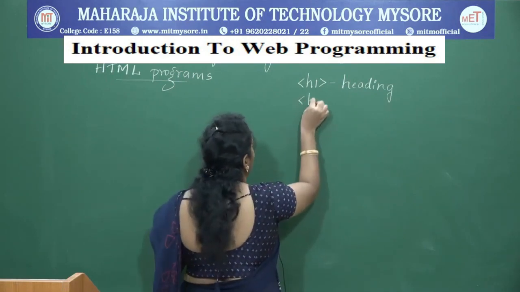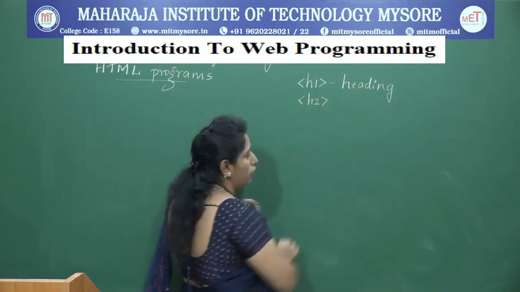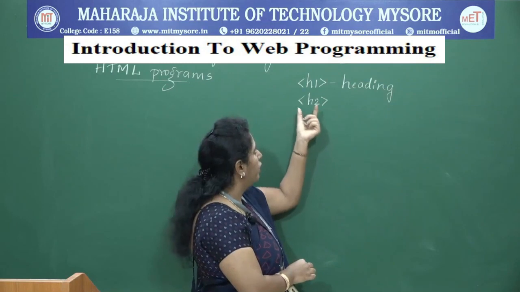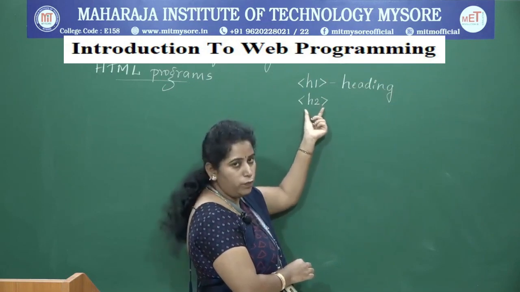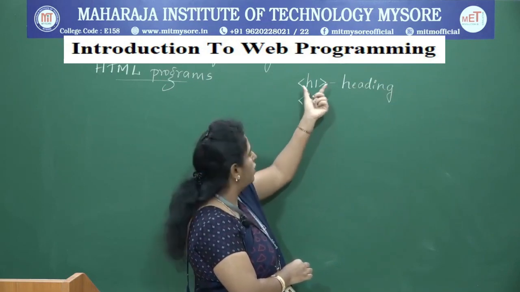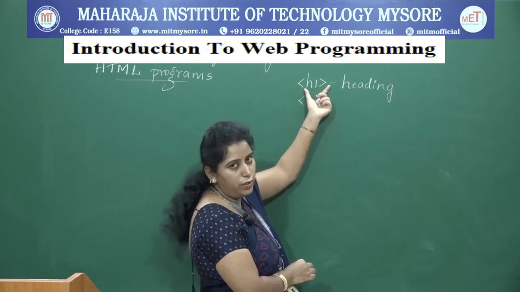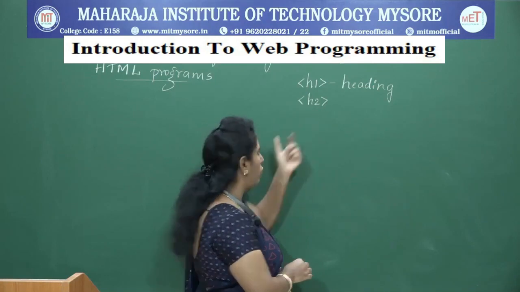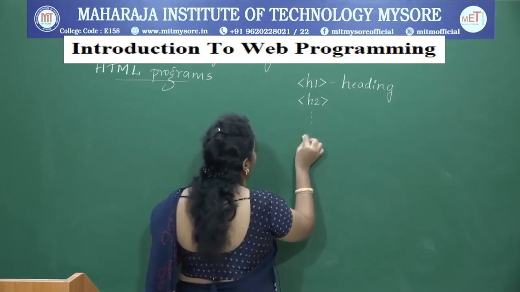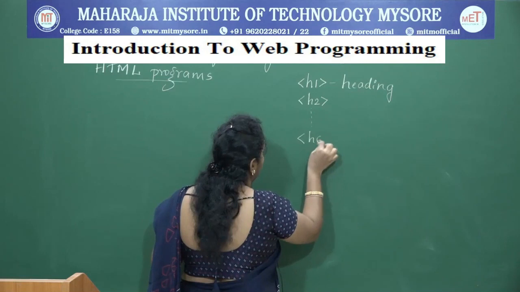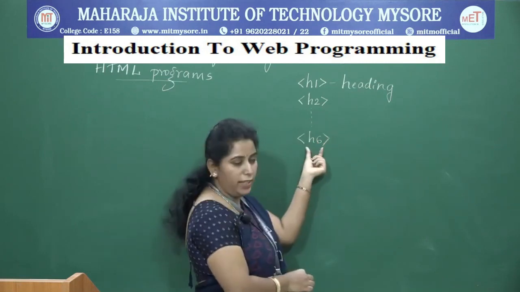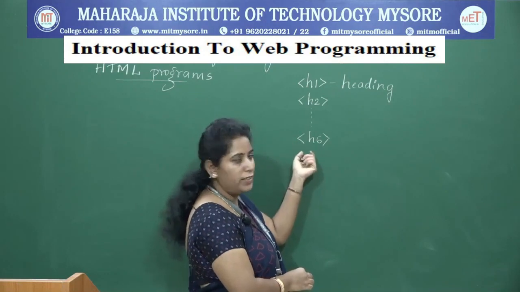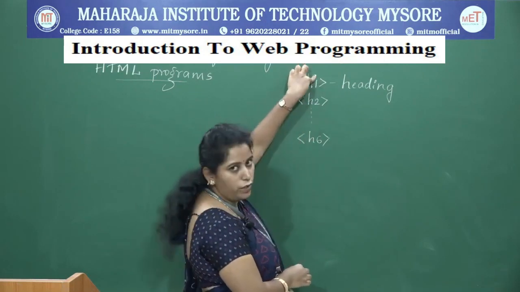Likewise H2 is also used for heading the text, but the font size is comparatively smaller than H1, though the contents are still bold. Likewise we have up to H6, which is comparatively the smallest in size compared to H1.